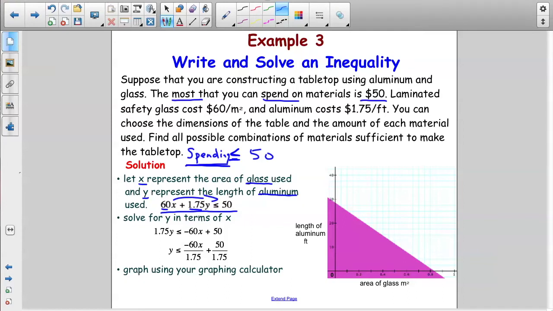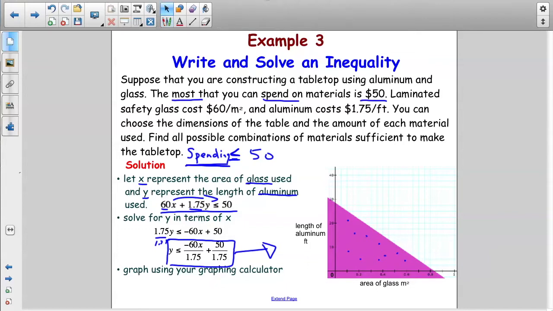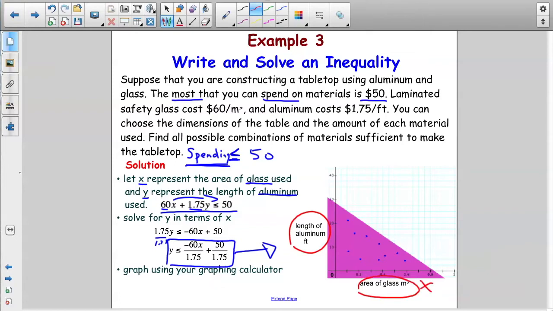So we get to there, divide by that 1.75, get to there, and just leave it in fraction form. Type it into our calculator and we get that. So there's all kinds of solutions we can have, as long as they slide into that purple area. Something you've got to watch out for when I'm marking is you've got to label your X and your Y axis. Tell me what they are. Okay?